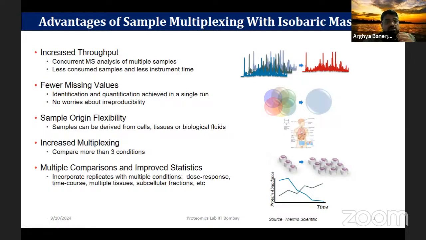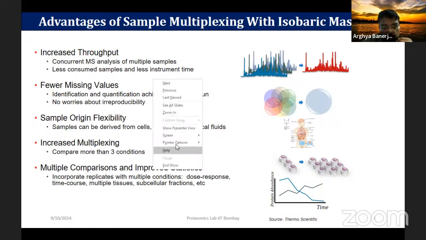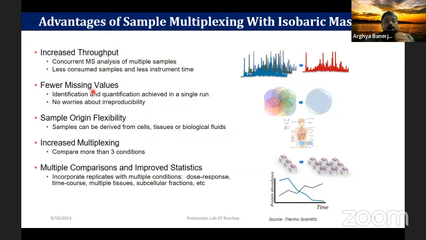When we are using isobaric tags, there is a very small chance of missing values; they will be very few as compared to label-free quantification.